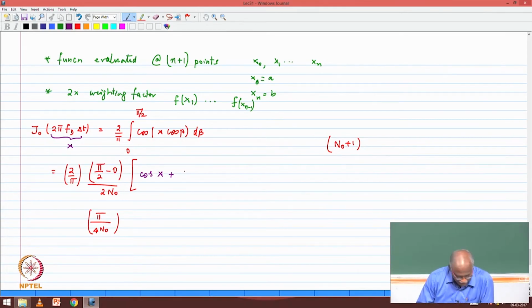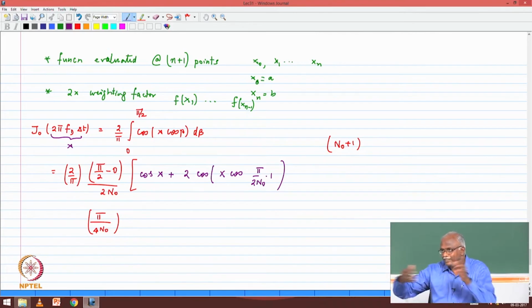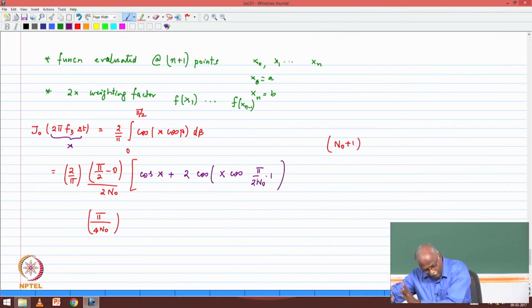So the next term is going to be a scale factor of 2 cosine x times cosine pi by 2 n naught into 1. Am I right? That's your pi by 2 n naught is your spread, and into 1 because this is the first component of that. Okay. Second one will be pi by 2 n naught into 2, pi by 2 n naught into 3, so on and so forth, and the last one will be pi by 2 n naught into n naught.